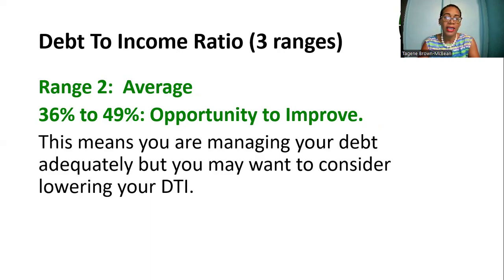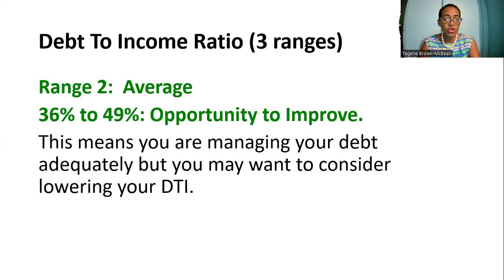So this means you're managing your debt adequately, but you may want to consider lowering your debt to income ratio, because your debt to income ratio tells your banker or your lender how well you're managing money, right?